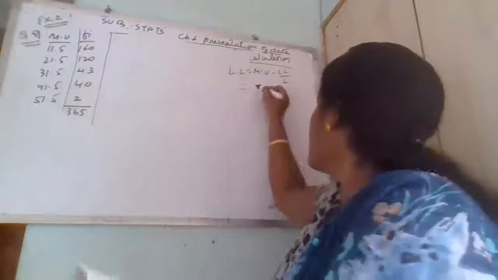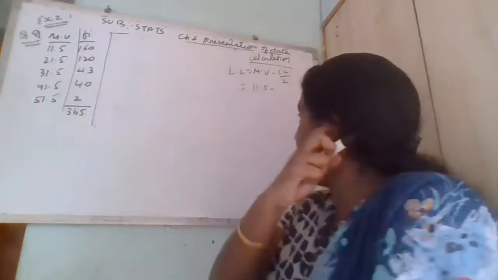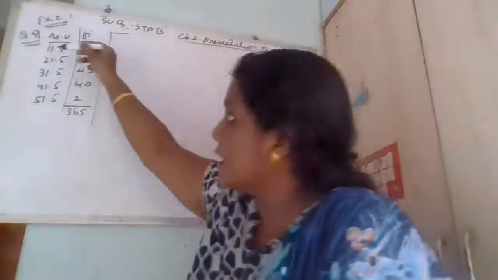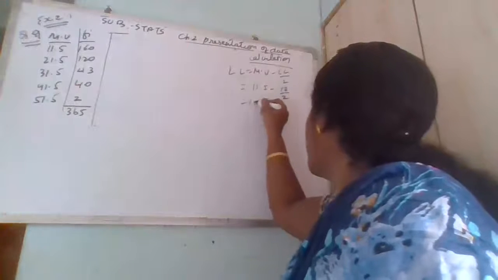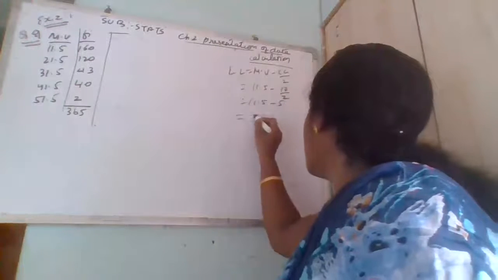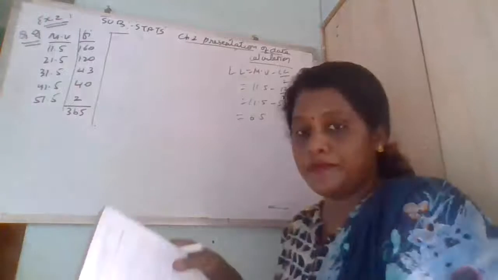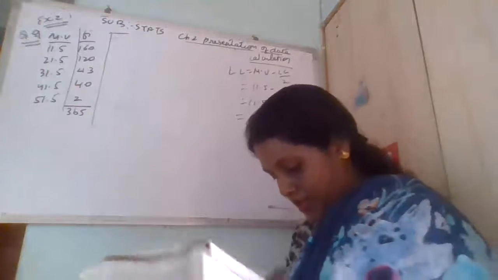So mid value is 11.5, and what is the class length? See, the difference is 10, right? So 10 upon 2, that is 5. Mid value minus 5 gives 6.5, so 6.5 will be your lower limit.